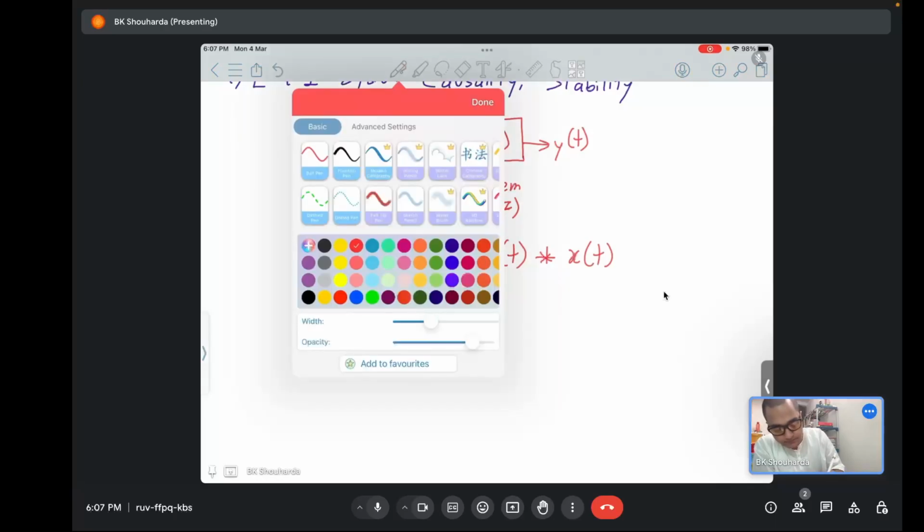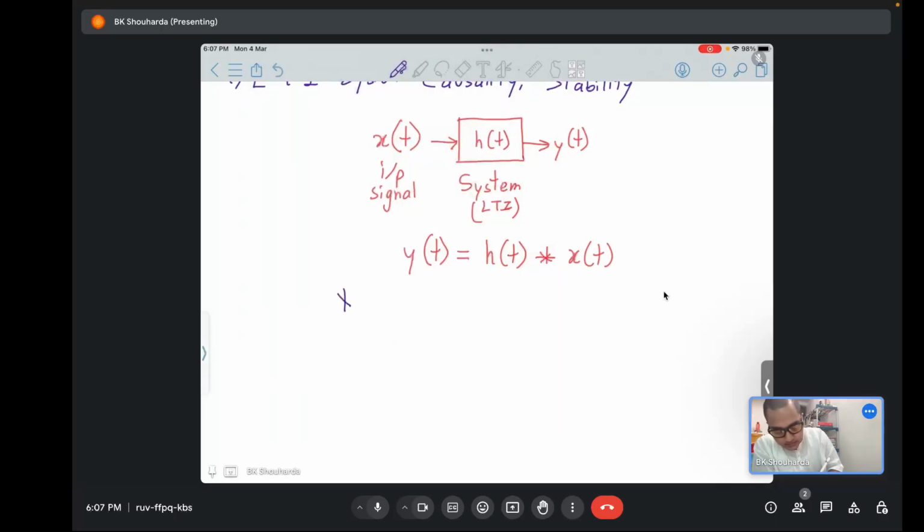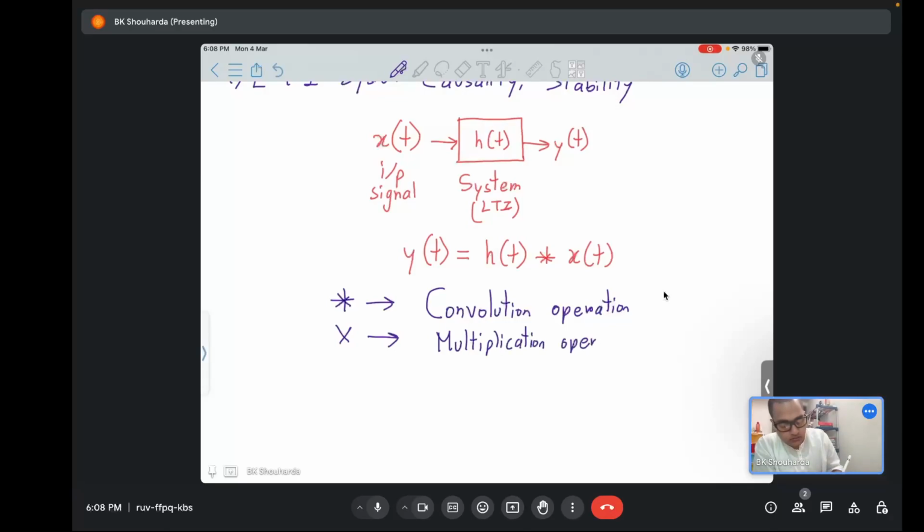Note that this star operator means the convolution operation, and this x symbol means the multiplication operation. So these two operations are obviously not the same.